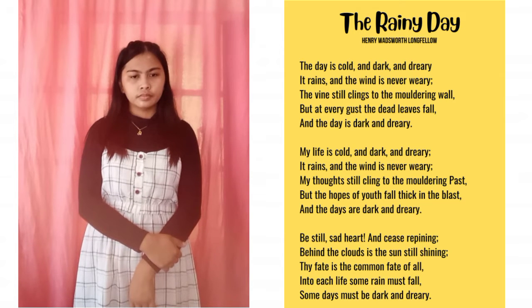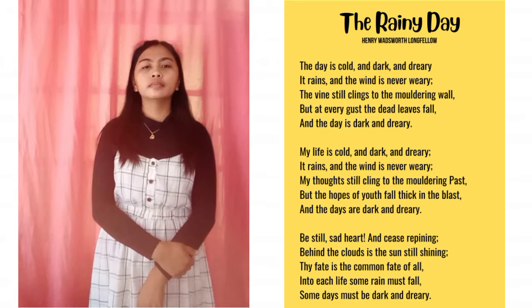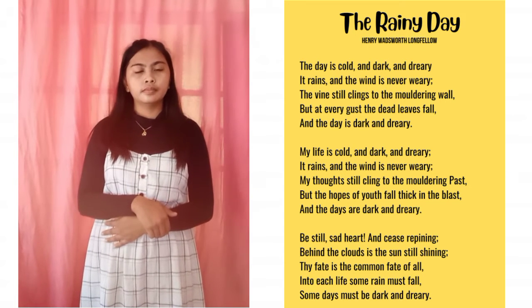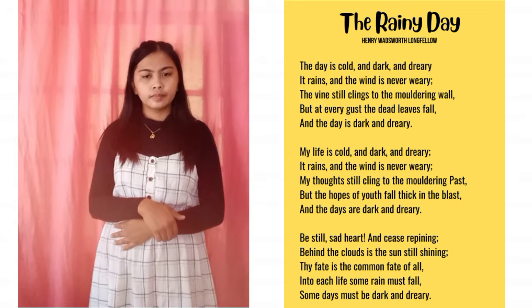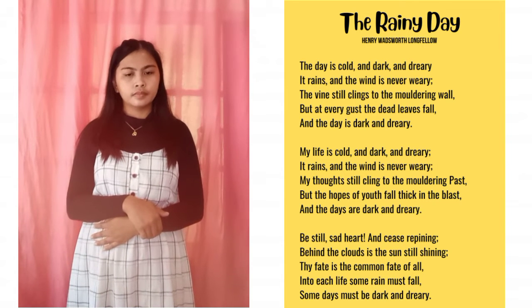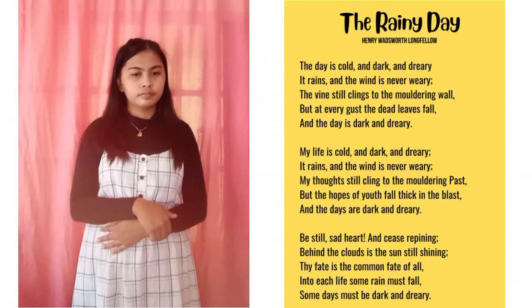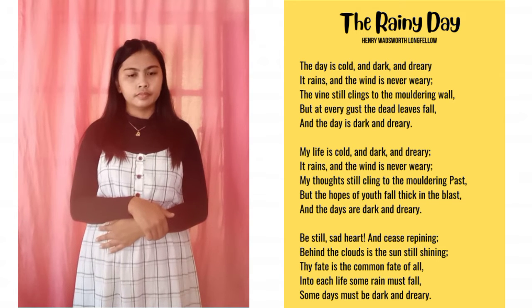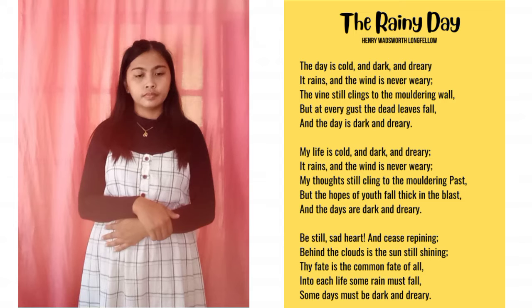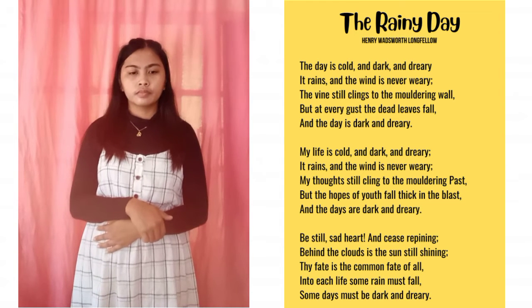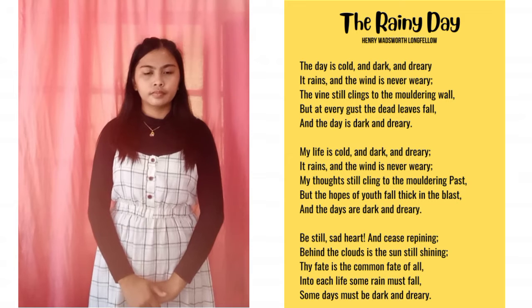My thoughts still cling to the moldering past, but the hopes of youth fall thick in the blast, and the days are dark and dreary. Be still, sad heart, and cease repining. Behind the clouds is the sun still shining. Thy fate is the common fate of all. Into each life some rain must fall. Some days must be dark and dreary.